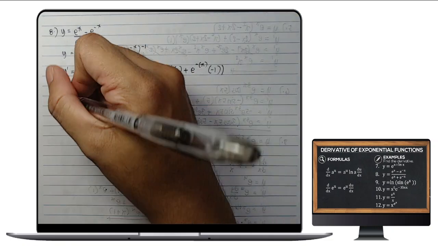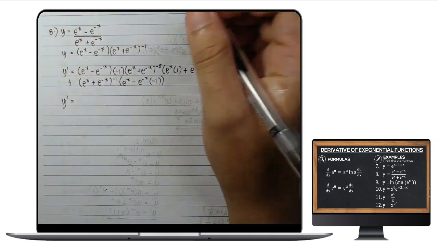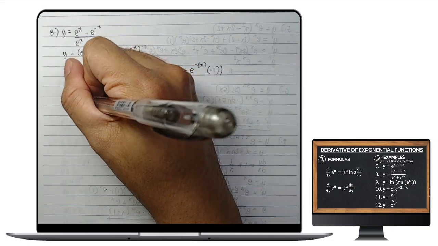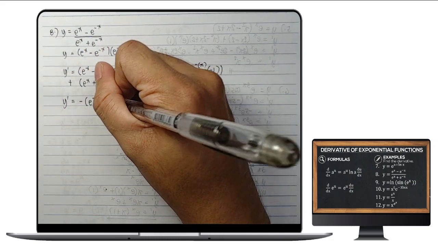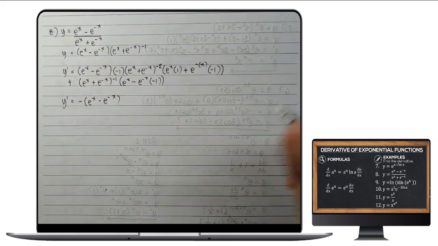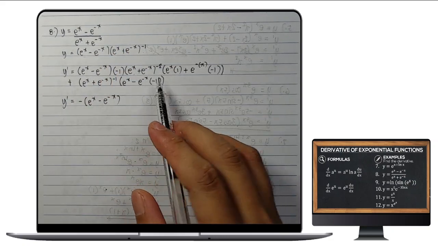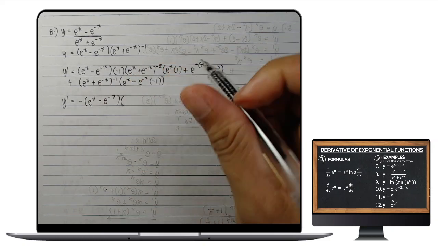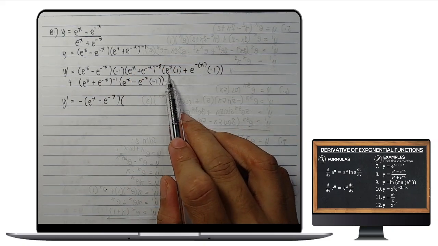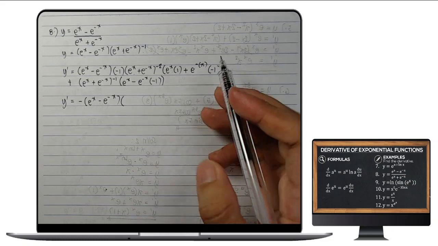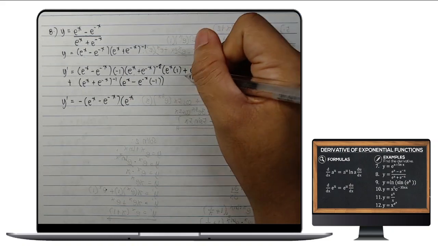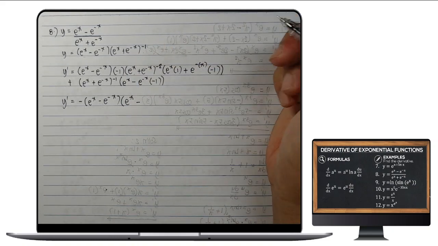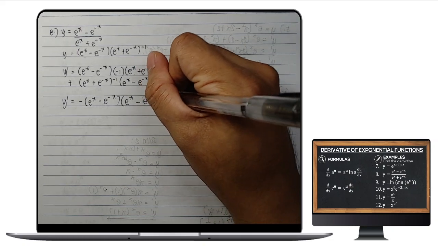Okay, so let's simplify. So we have negative, so that is negative of e raised to x minus e raised to negative x. So ibaba lang natin to. Ito mo ng positive. So we have e raised to positive x, then negative, so minus e raised to negative x.